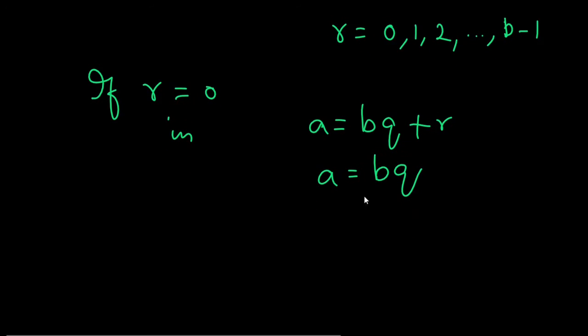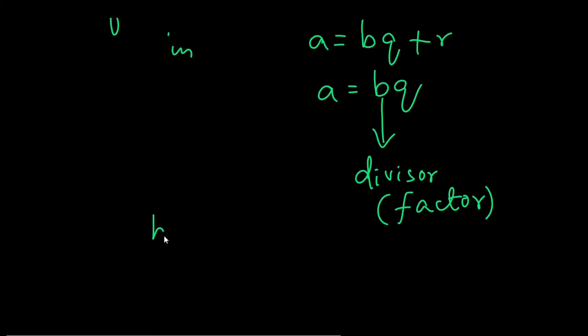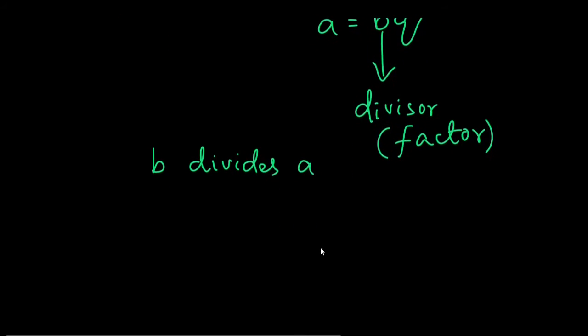In such a case, b is called divisor or factor, and we say that b divides a. This can be denoted as b slash a. This means b divides a.